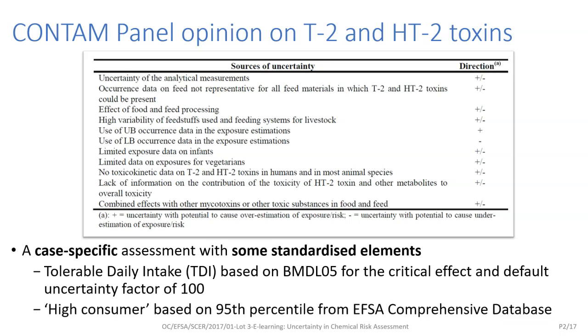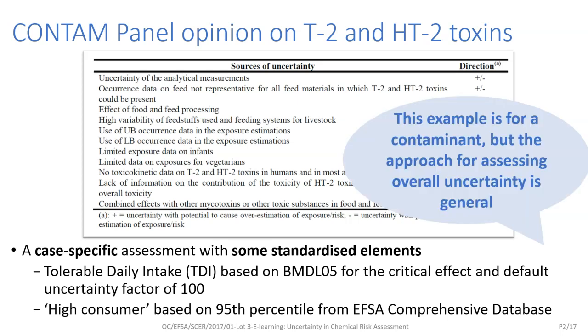And the exposure estimate for a high consumer is based on the 95th percentile from EFSA's comprehensive database of dietary survey data. I want to emphasize that although the example here is a contaminant, the approach to assessing overall uncertainty is general and equally applicable to regulated chemicals when non-standard uncertainties are present.